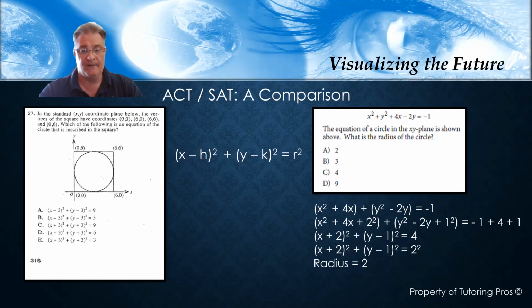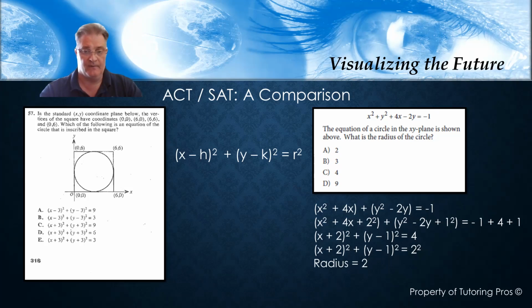And if you look beneath the question, you'll see the mathematics that I have. So the first thing we have to do is get our terms arranged together and group them. And then once we get them grouped, remember, you've got to complete the square on the middle term. So you take half of the middle term and then square it. So x² + 4x, half of the middle term of 4 is 2.